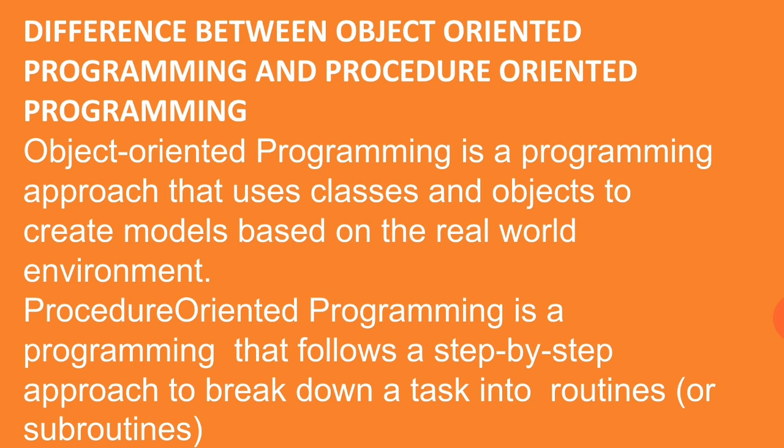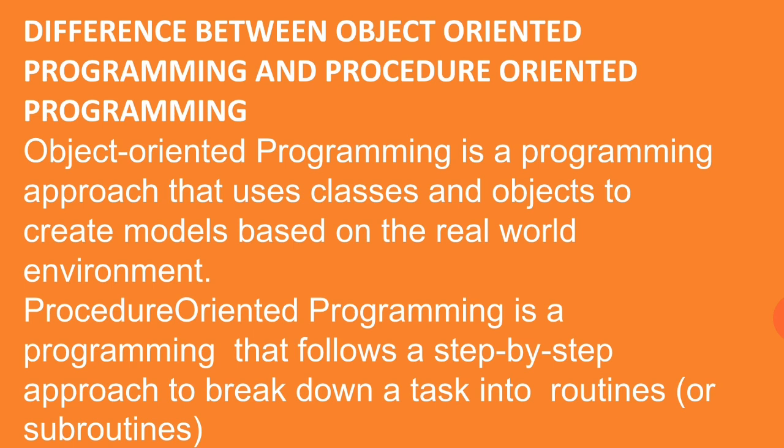Now object oriented programming is a programming approach that uses the classes and objects to create models based on the real world environment. So the most important units are in the object oriented programming, classes and objects. In the procedure oriented programming, you will write it is a programming that follows a step by step approach to break down a task into routines or subroutines.